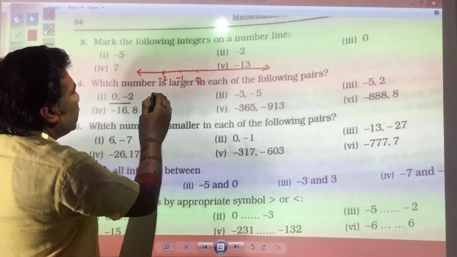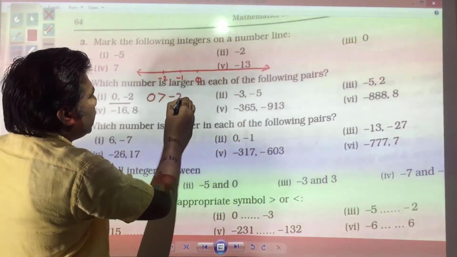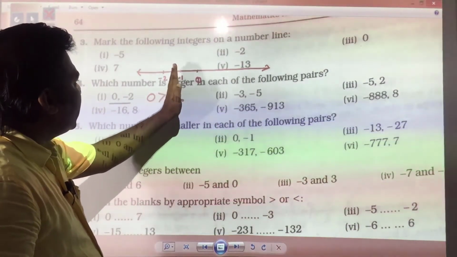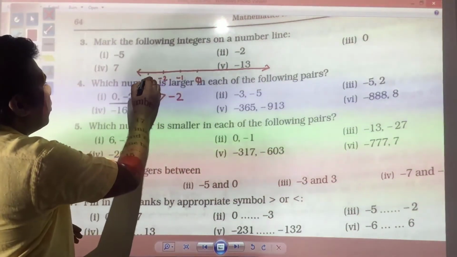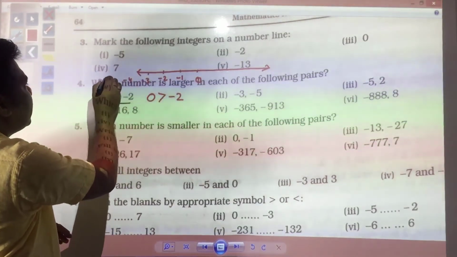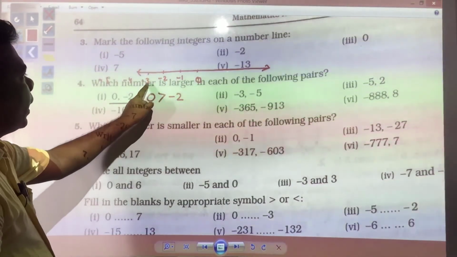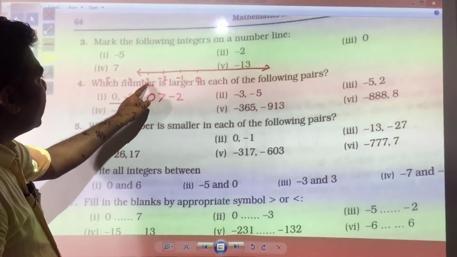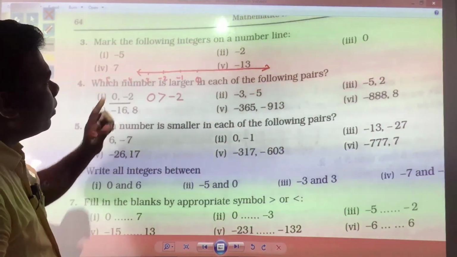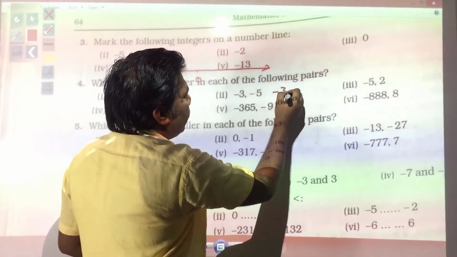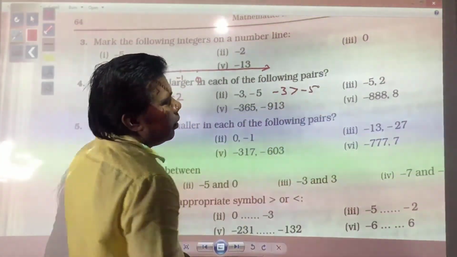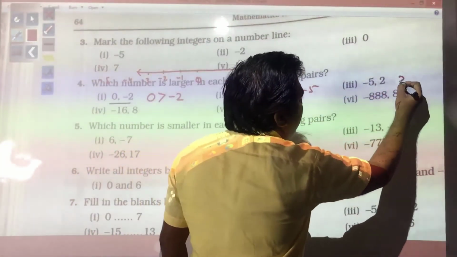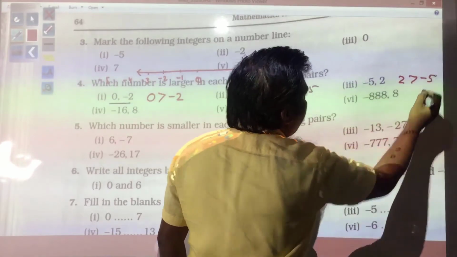So, you will write 0 is greater than -2. -3 and -5: again you see, -3, -4, -5, so -5 will be on the left side. -3 will be to the right of -5, and that is why -3 will be greater than -5. -5 and 2: 2 will be greater than -5.